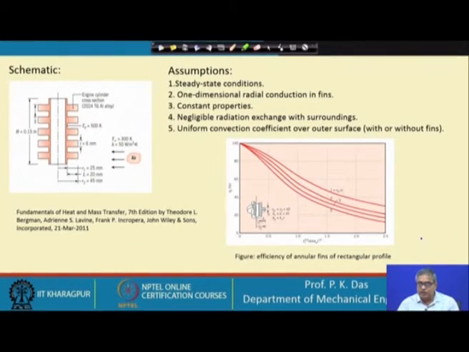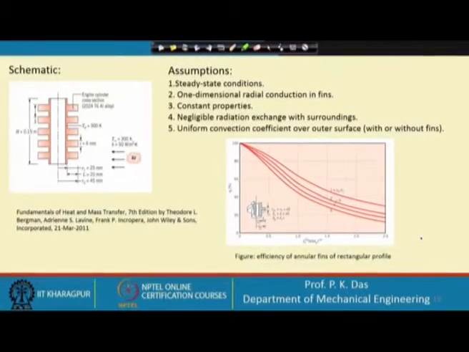Uniform convection coefficient over the outer surface with or without fins. This is an idealization. Many times I have told that whenever we provide fins, we make a change in the surface conditions, and the convective heat transfer coefficient will be different.